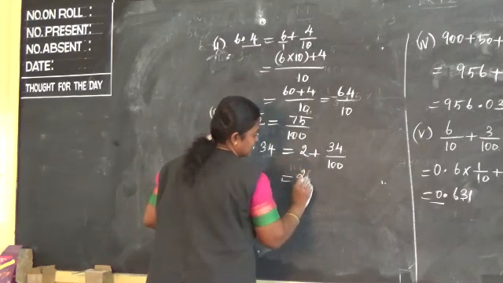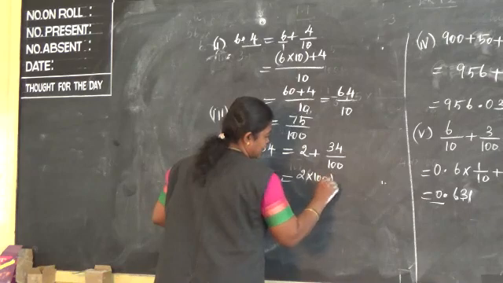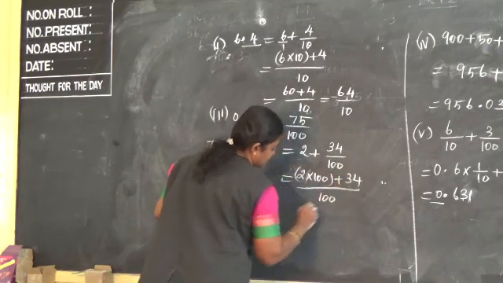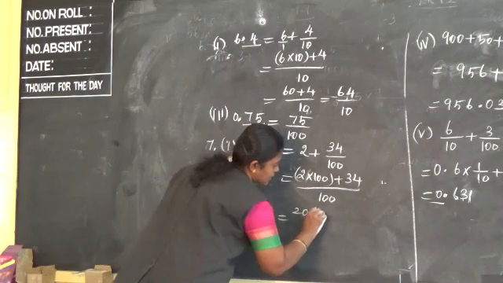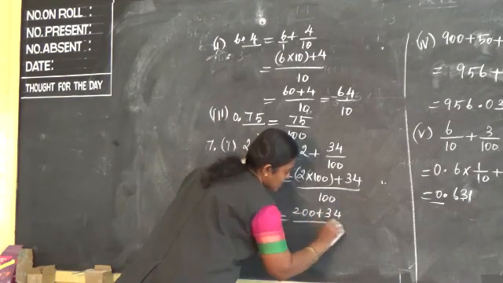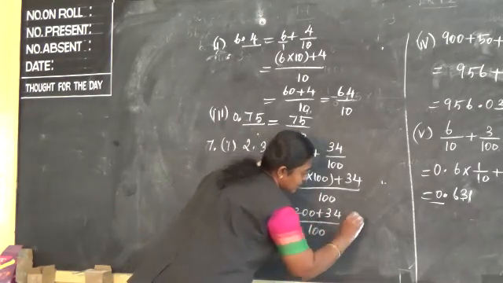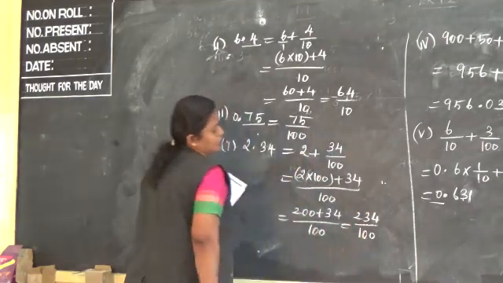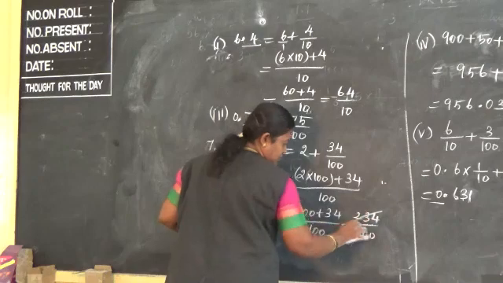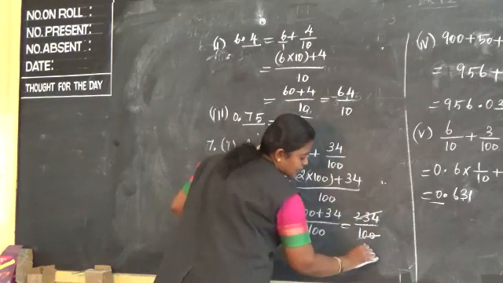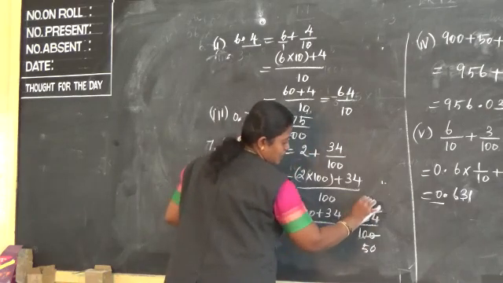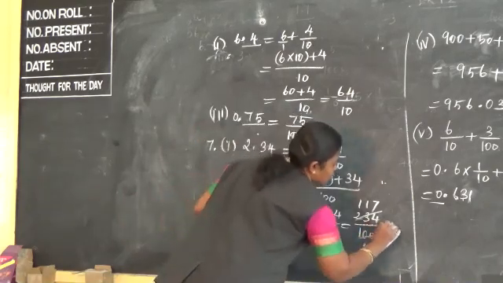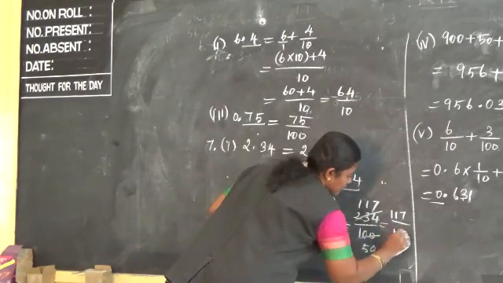So, if you are taking LCM, 2 into 100 plus 34 by 100, that is equal to 200 plus 34 by 100. If you are adding, 234 by 100. Go for the simplification method, go to the 2 table, here 50, here 117. So, 117 by 50.